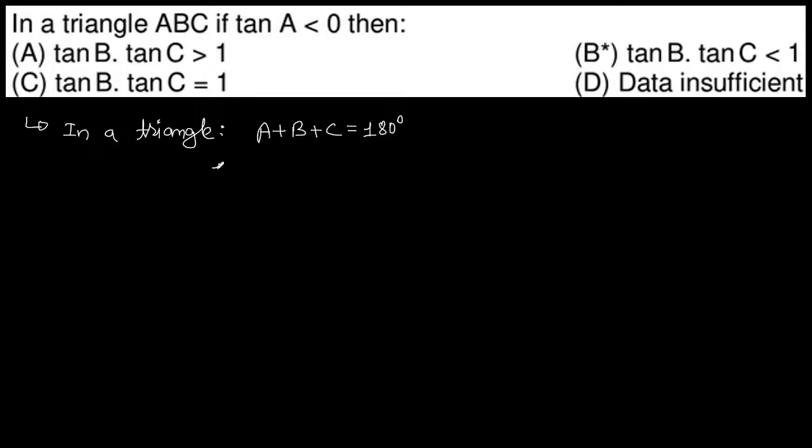If tan A is negative, that means A is bigger than 90 degree. That will tell us that B plus C is less than 90 degree.